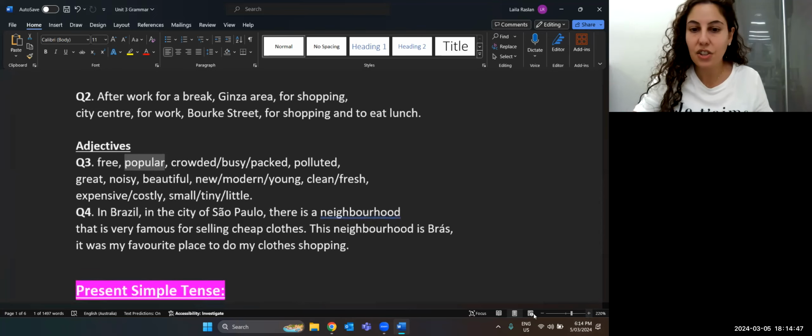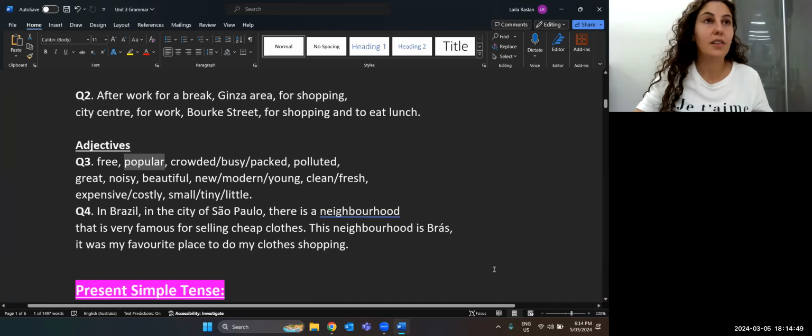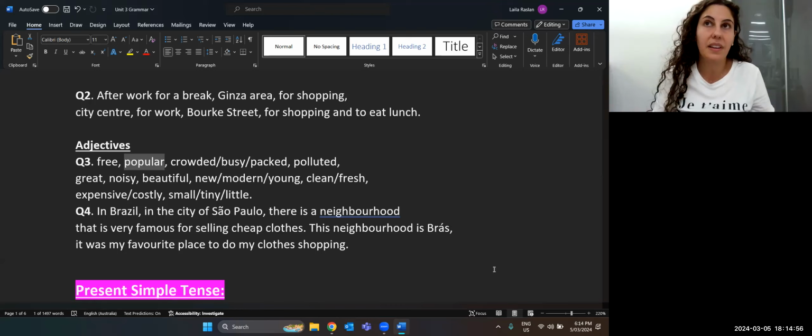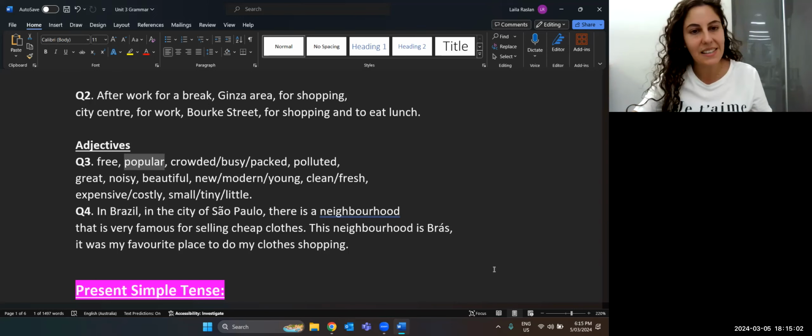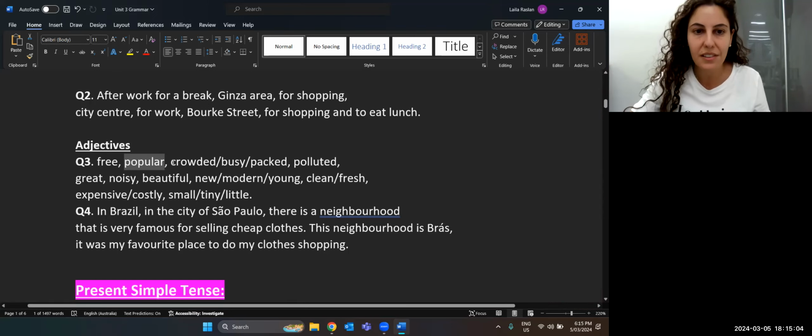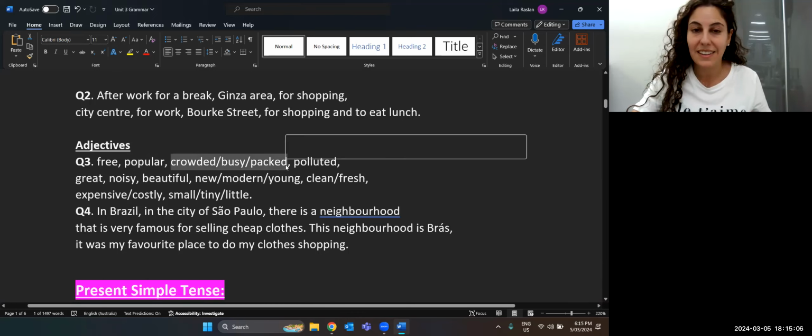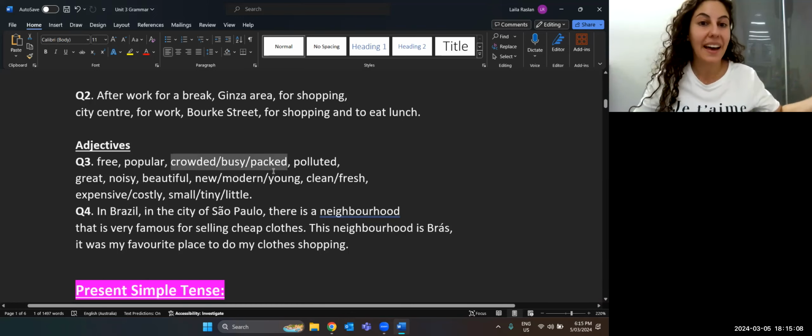If many people like a place, we say it's popular. We could say, you should go to Glenelg Beach. It's a popular area. It just means many people enjoy going there. Lots of people go there. But if it has a lot of people, that means that it's crowded, busy, or packed. So I'm giving you an extra word here, packed.